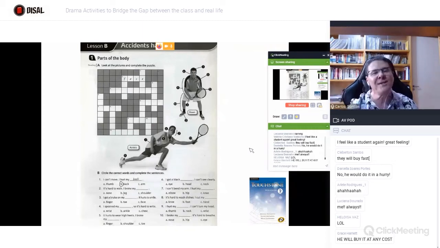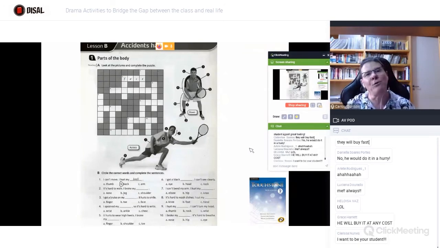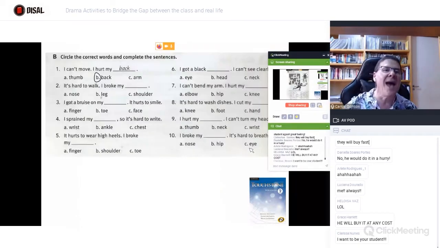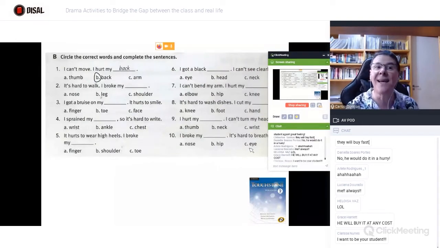So this is an exercise of, suppose you already had the lesson teaching the parts of the body. You did Simon Says, touch this, etc. And then this is where they're gonna do the exercise. They have to do the crossword puzzle, and then they have to complete these sentences. Circle the correct words to complete the sentence.